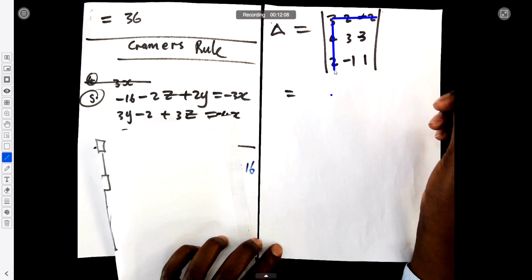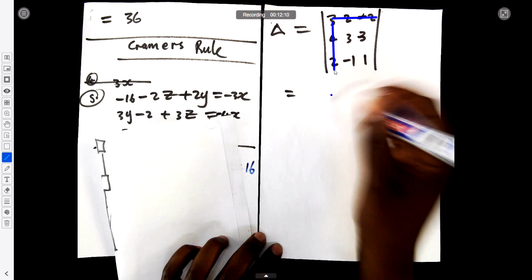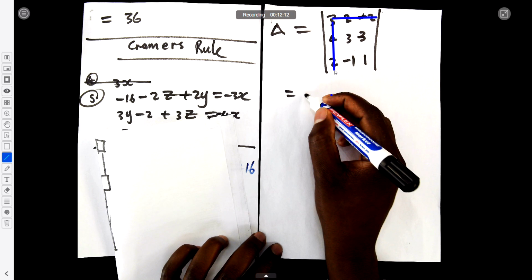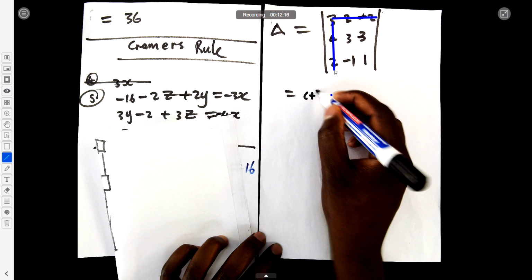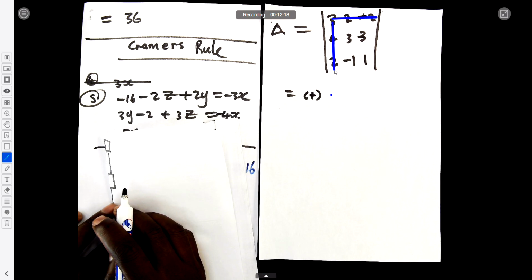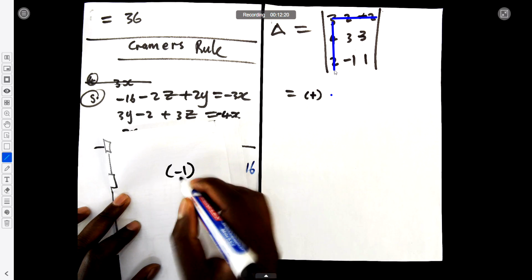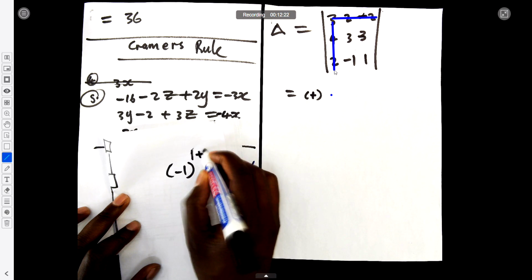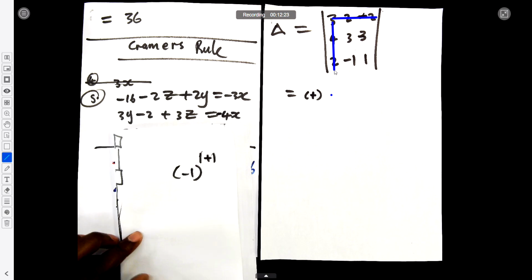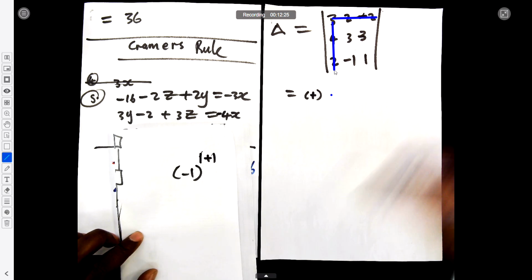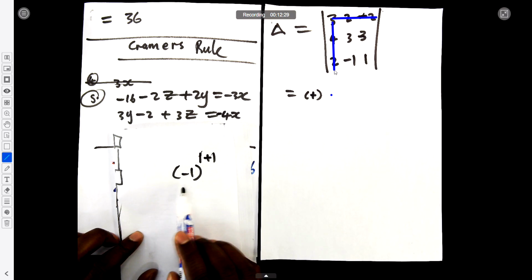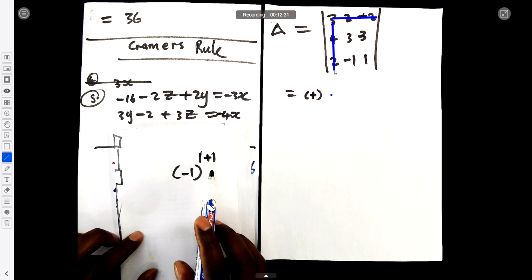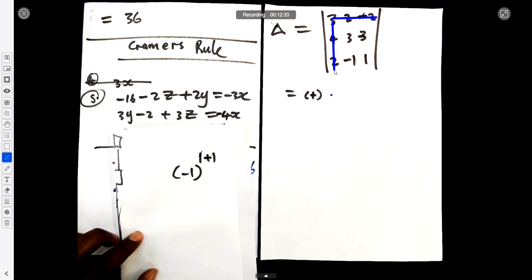So we're evaluating using the cofactor method, cofactor expansion. So we know using cofactor expansion, the output is going to be positive. How do we know that using cofactor? It's in row 1, column 1, element 3. So the output is going to be positive because negative 1 to the power of 1 plus 1 is positive 1.